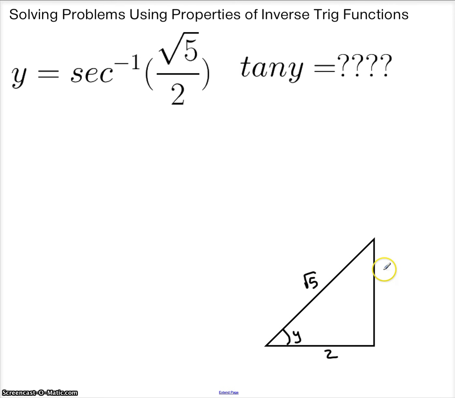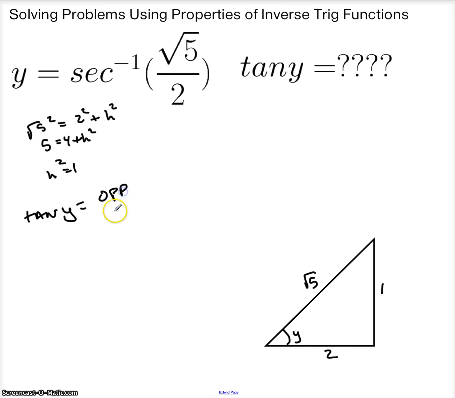Well, the square root of 5 squared is 2 squared plus my height squared. So this is 5 is 4 plus h squared, so h squared is 1. So this height is 1. All right. So the tangent of y is opposite over adjacent. So that's 1/2.